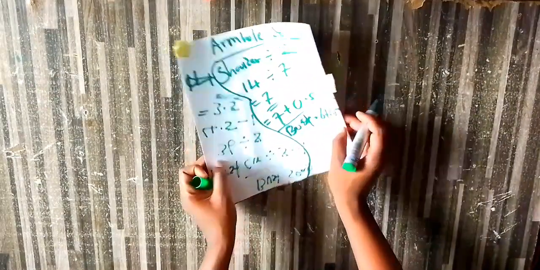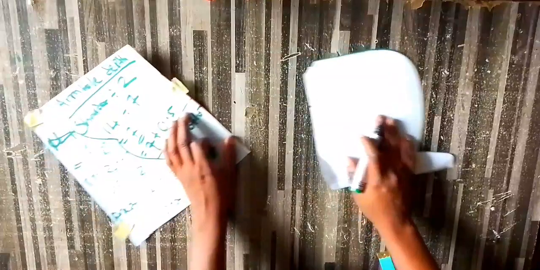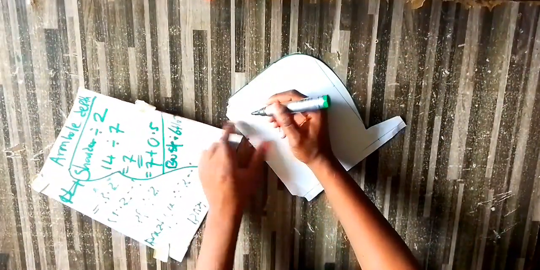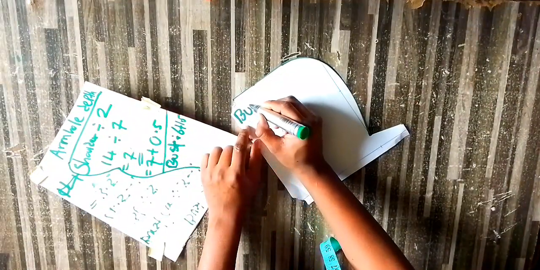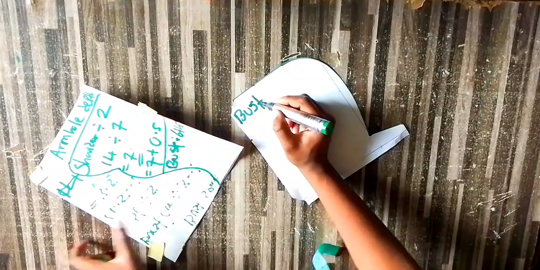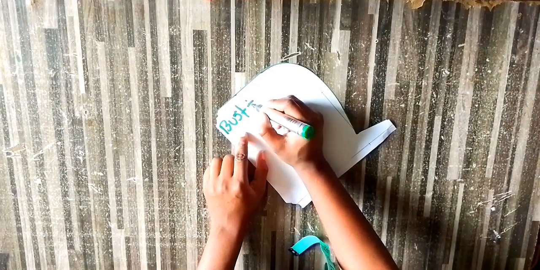This other measurement is very popular, so you can also use it. I'll just use this pattern paper, as that other one is kind of full already. So in case your shoulder is omitted, your bust measurement divided by 6 plus 1.5.